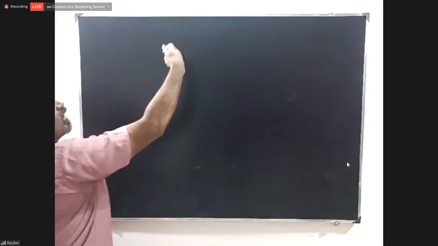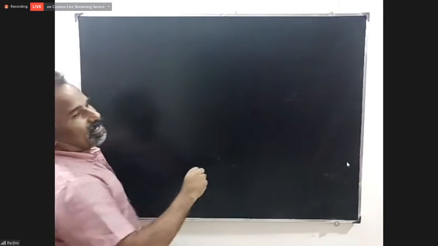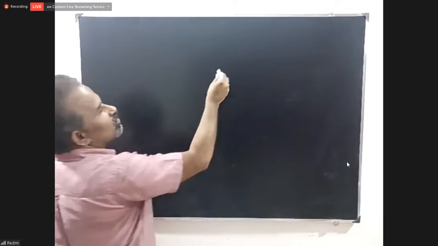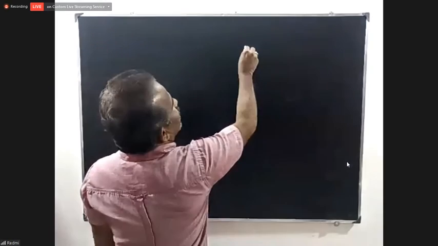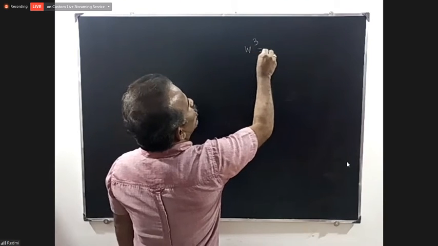Similarly, you can check the cube root of unity and all. So for the cube root of unity, W cube is equal to 1.